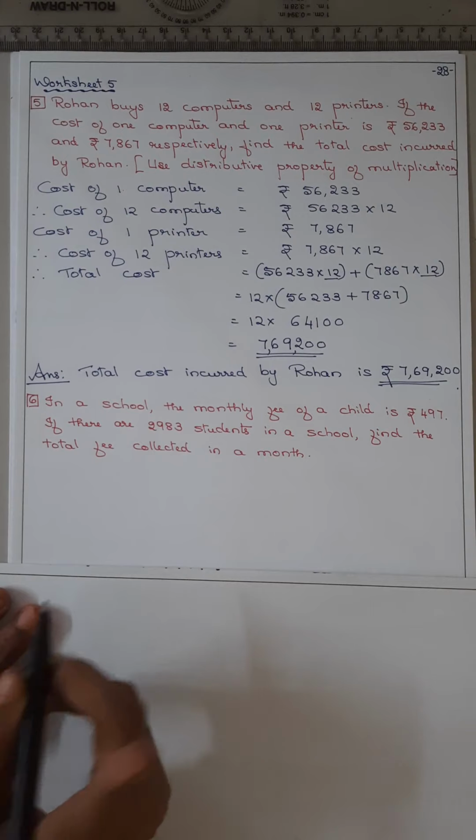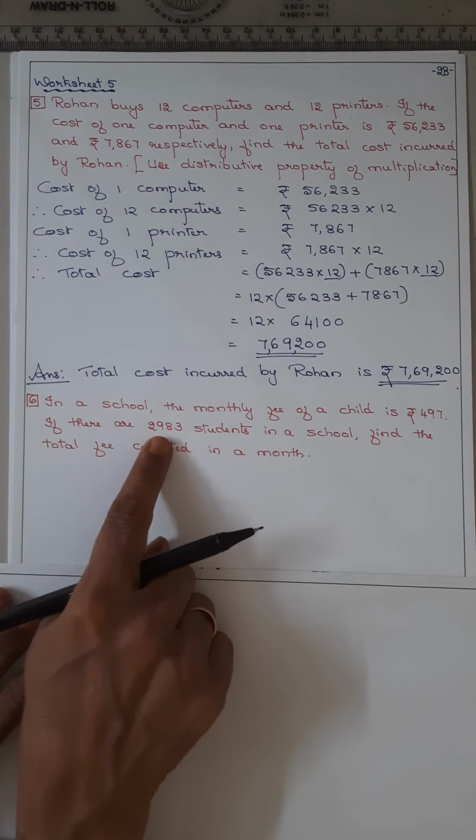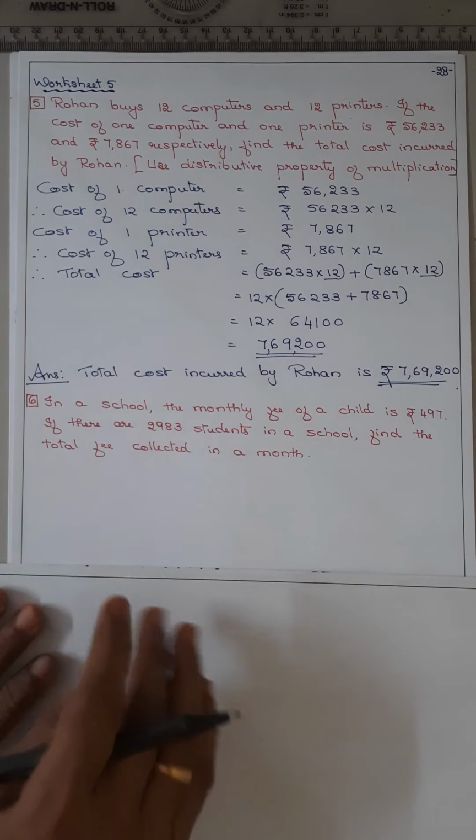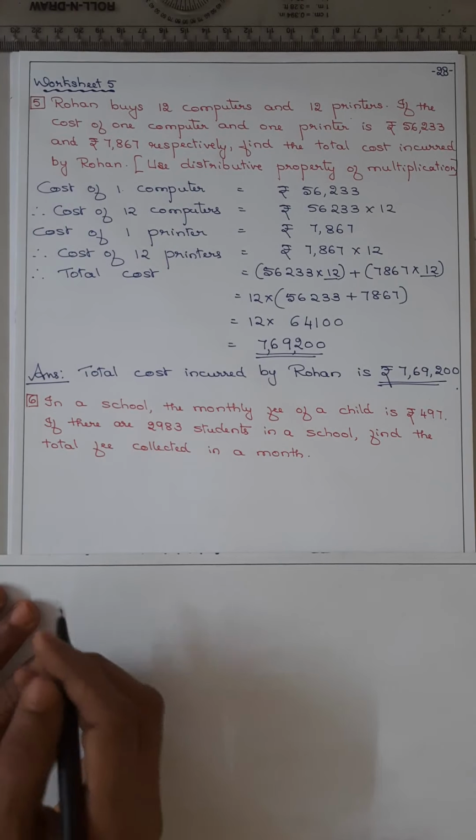Monthly fee of one child is 497. So what is the total fee collected for 2,983? That means it is ordinary multiplication.